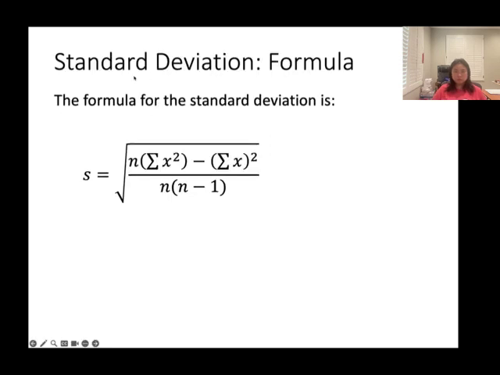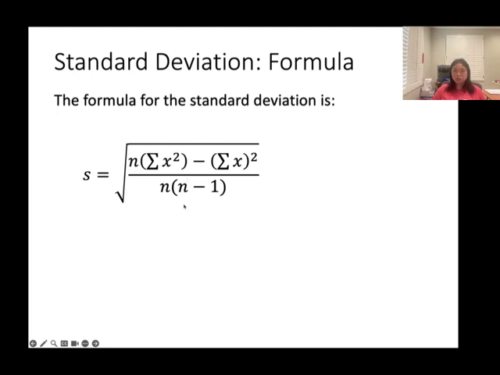The second formula for the standard deviation is, okay, this n is the sample size, equal to the summation of x squared. So for each data, you take the square and then minus the summation of x and then take the square. It looks complicated, but I think the second formula will be easier.